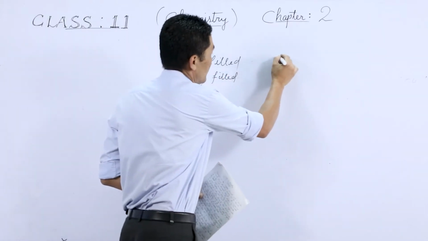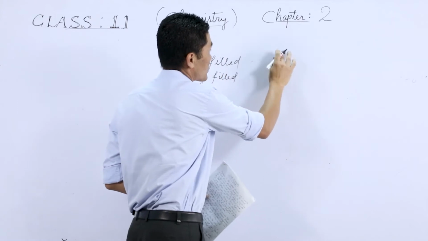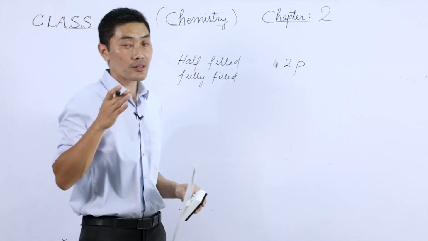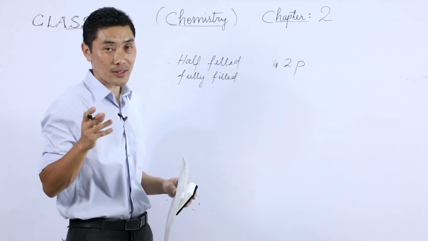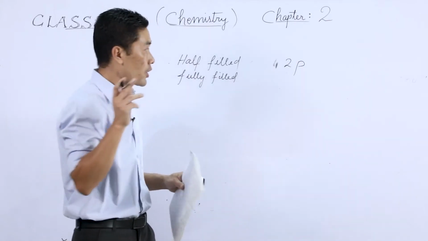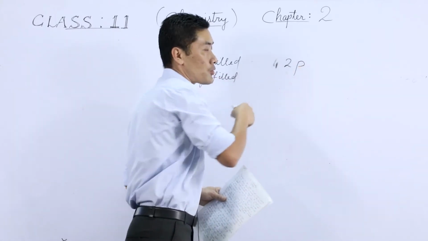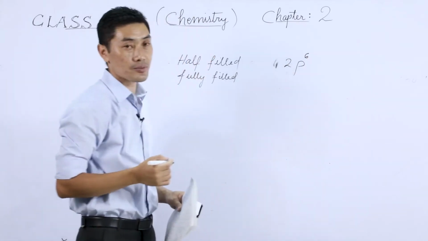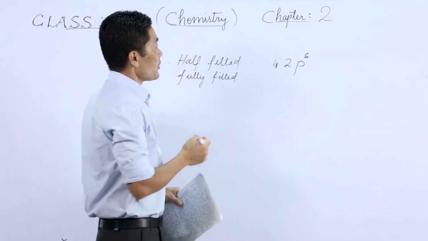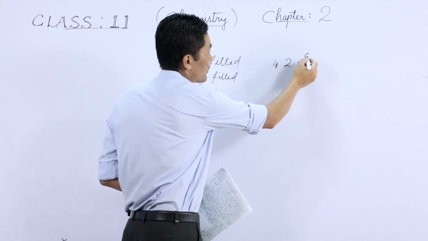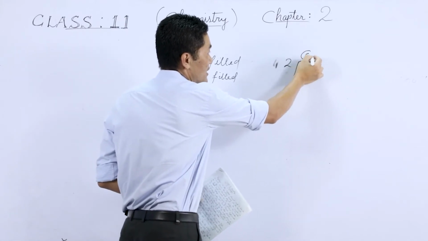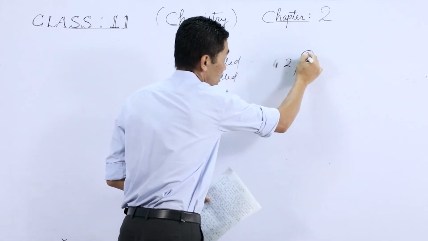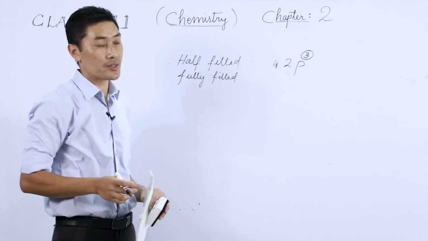That means if we have the 2p orbitals, 2px, 2py, and 2pz, each of them can accommodate 2 electrons. So, in the 2p subshell, we can put a total of 6 electrons. If there are 6 electrons, they will be fully filled. If we have 3 electrons, then they will be half filled.